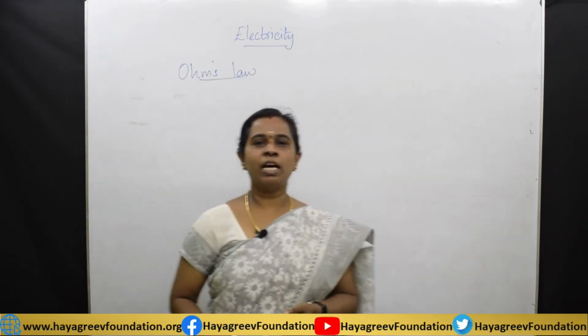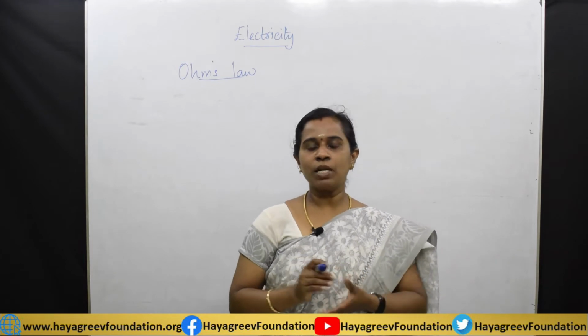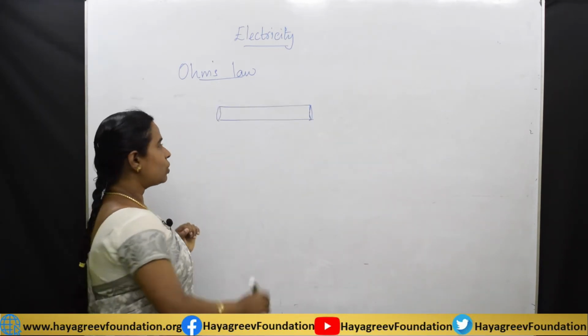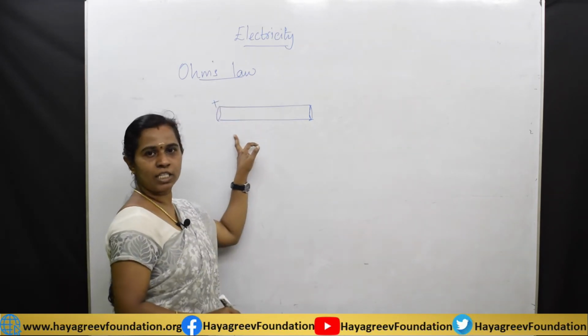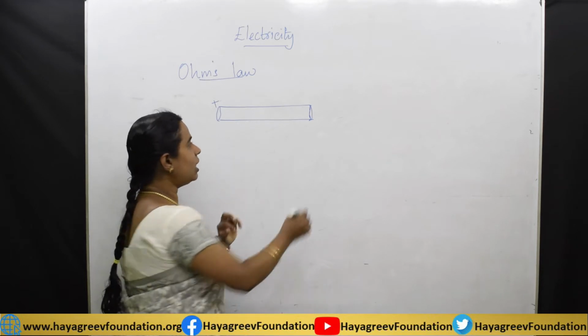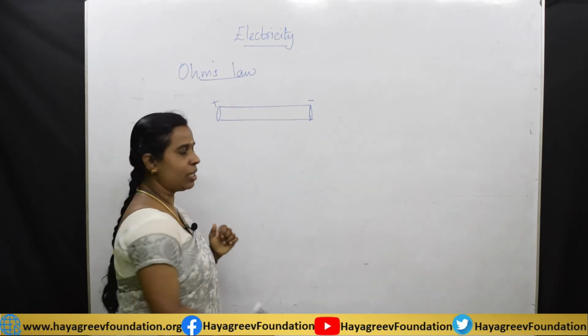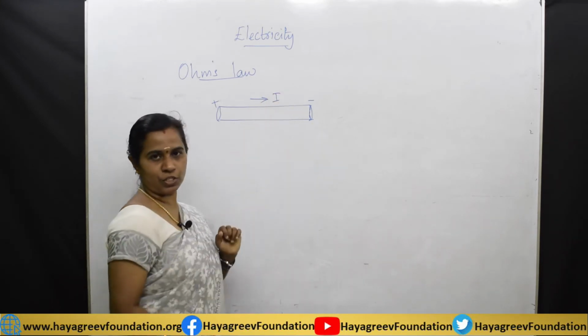So next I am giving the statement of Ohm's law. Very important topic, Ohm's law. Imagine this is a conductor. For current to flow, as I already said, one end of the conductor must be maintained at high potential and the other end at low potential. So current flows from high potential to low potential.